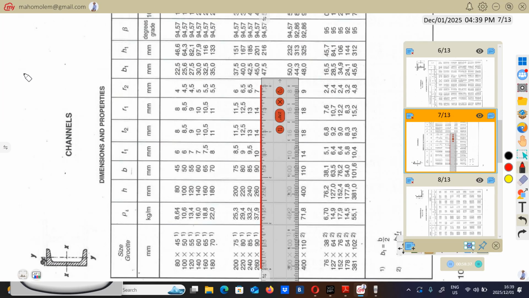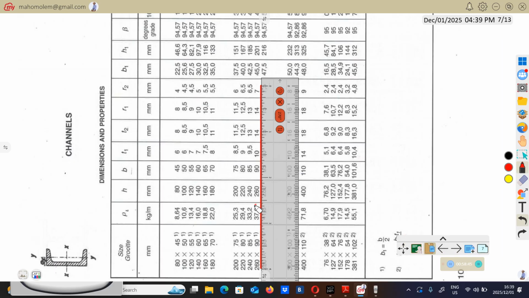Here we go. Here's the channel. Here's that size, 260 by 90, 87.9. Here's our size. So now we're going to draw a horizontal line and go along this.